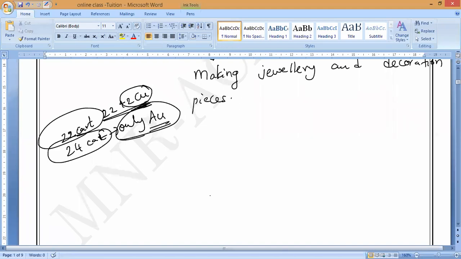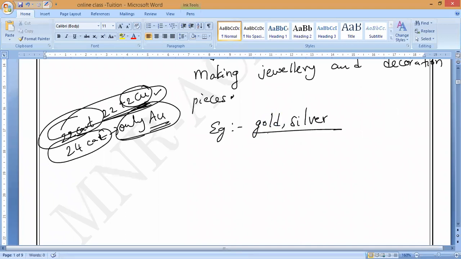Basically all the girls buy 22 karat gold. So for making jewelry and decorative pieces we use gold and silver, even copper, but majorly gold and silver. Platinum is also lustrous in nature, because they have a very, very bright surface.